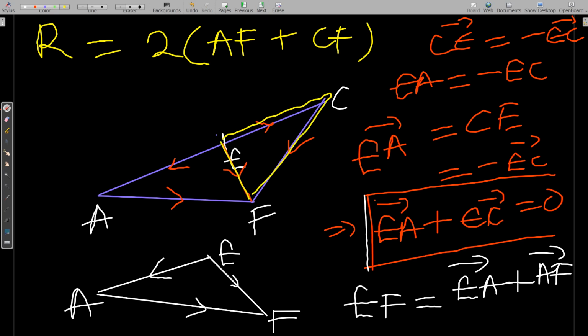That one will be triangle ECF. Now let's consider triangle ECF. This is how it looks like.